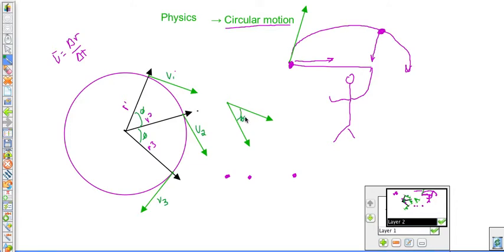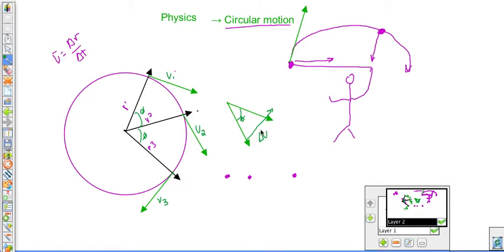Because these velocity vectors come off of these radiuses from these changes in position, they're similar triangles, right? And if you were to take this vector right here and measure that out, that would actually be the change in velocity.